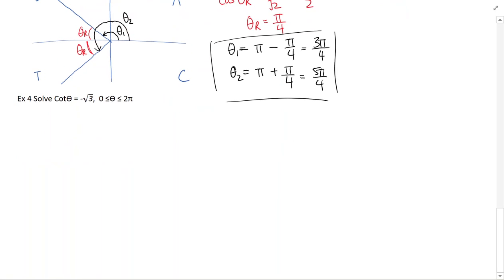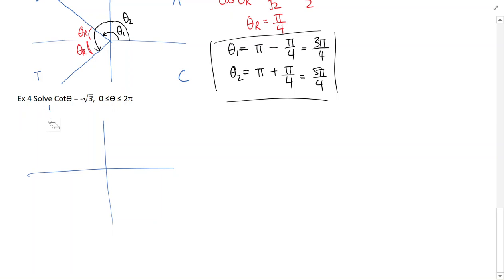Okay, last example of the day. Solve cotangent theta equals negative root 3. And again, our restriction is from 0 to 2 pi. Otherwise, you'll be giving me an infinite number of answers. So again, we'll just draw out where things are. Cotangent, we can rewrite as 1 over tan theta.